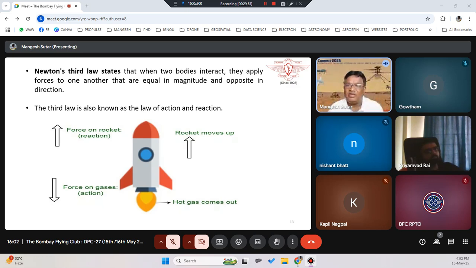It will push the air down and try to push the earth. But can the drone push the earth down? No, because it's a small object compared to the earth. So Newton's third law comes into the picture, and your drone will start rising up.